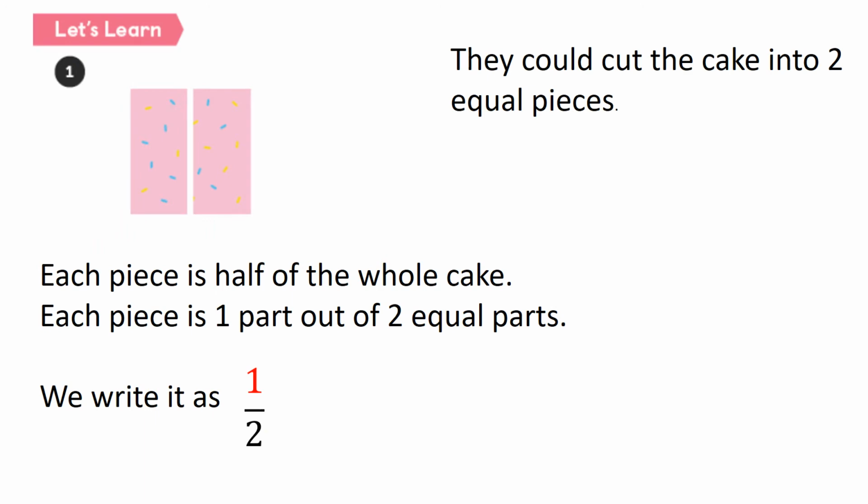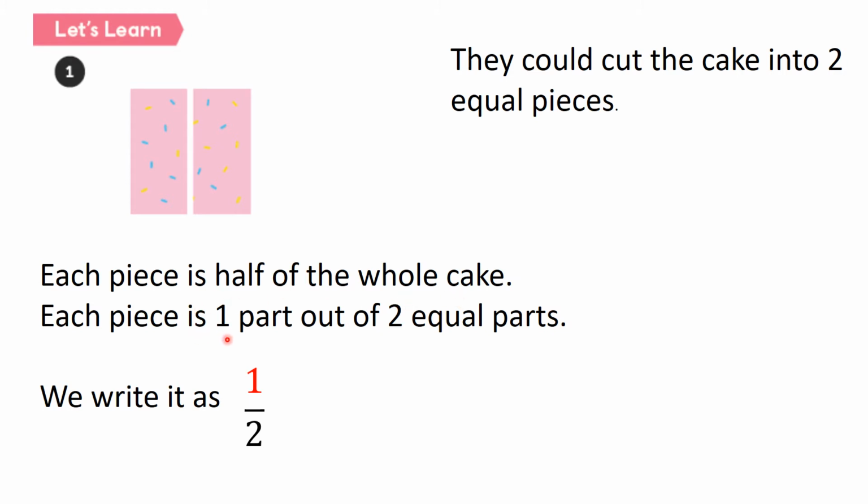So you may have told your partner that they could cut the cake into 2 equal pieces. Like you can see here, we've got 1, 2 pieces, and they are equal. If we were to cut down this line and put them on top of each other, they would overlap exactly, so we know they are equal. Each piece is half of the whole cake.